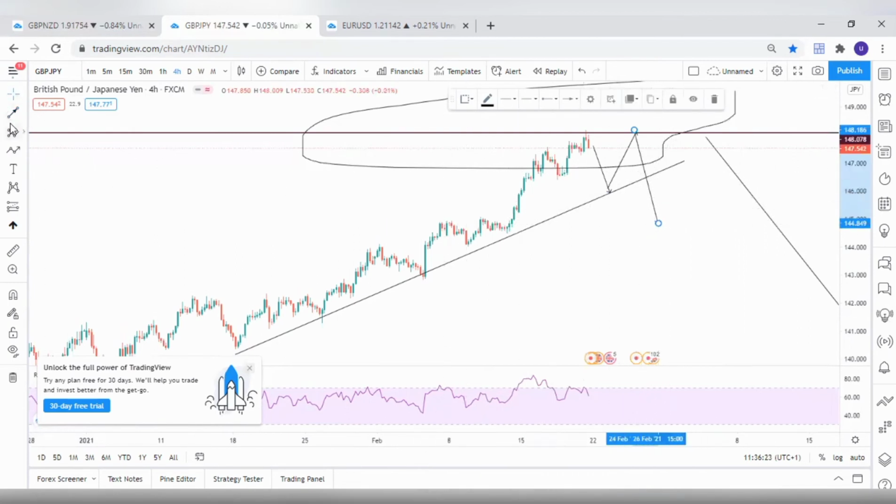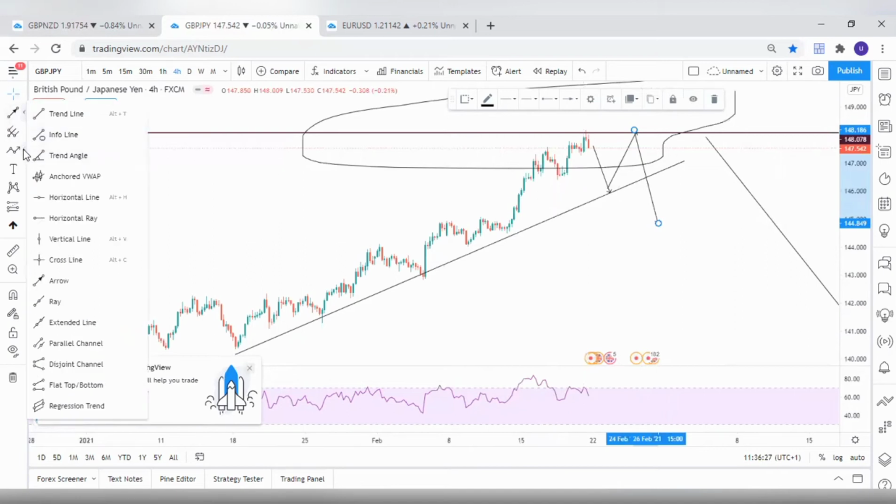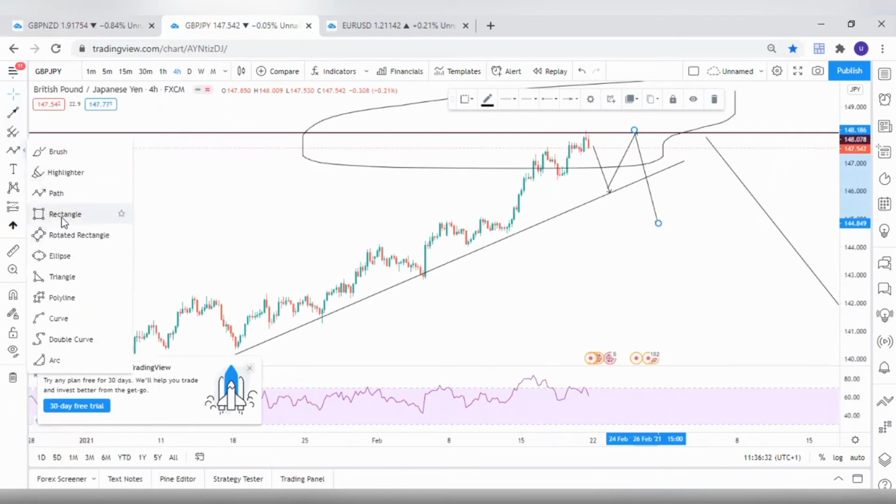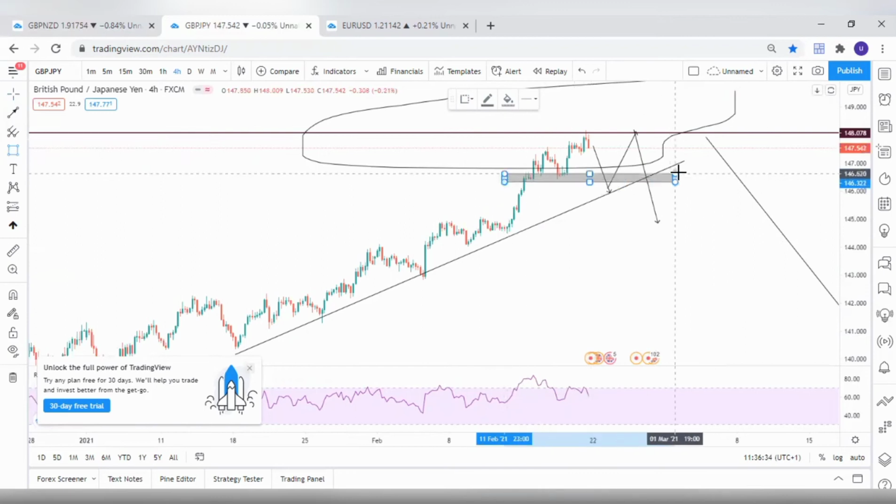Or we expect that the price of GBP/JPY might just come down to this mini support zone here. Wait, let me show you.